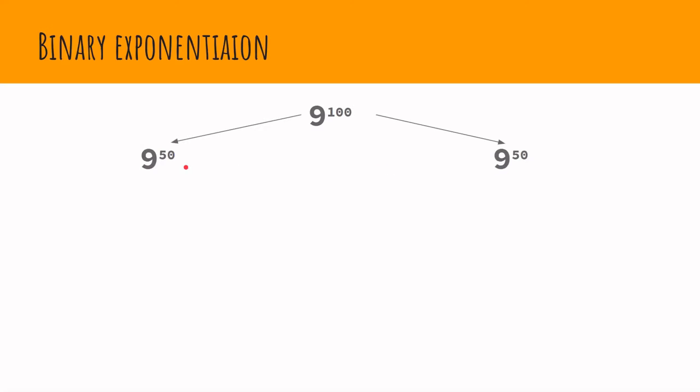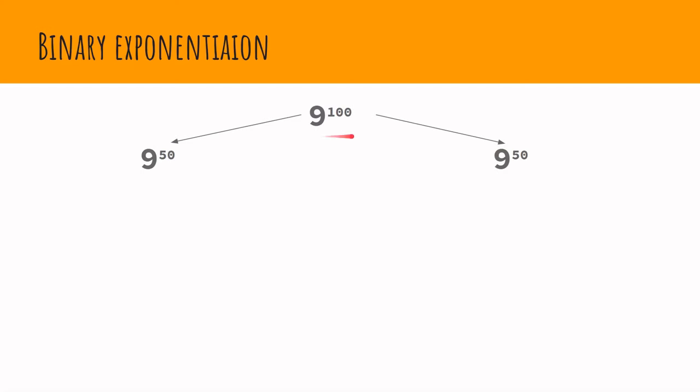Definitely not. Once we get this 9 to the power 50, the other value will be the same. Hence, to get 9 to the power 100, I can multiply this value by itself. That is, I am multiplying 9 to the power 50 into 9 to the power 50, using one multiplication operation, and I get 9 to the power 100.